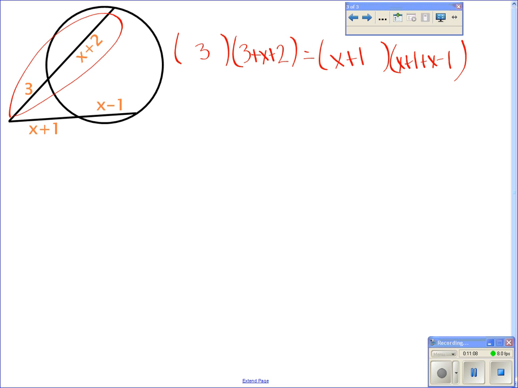All right, so let's start simplifying. We've got a 3 here, and then what's in here? 3. Just right here. 5 plus X. This is X plus 1. What's here? 2X. What about this side? 2X.